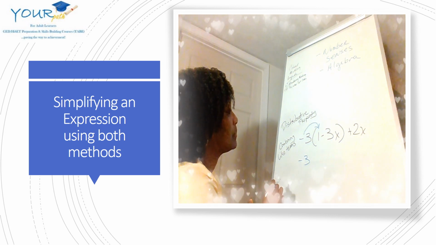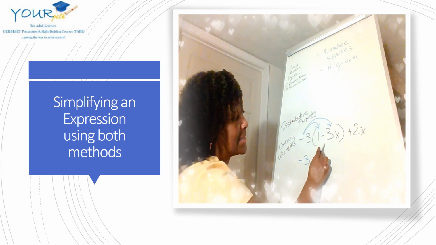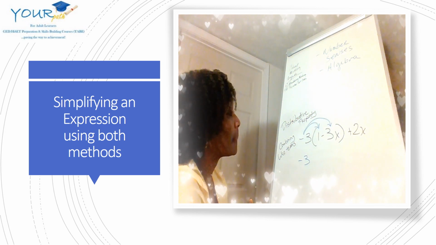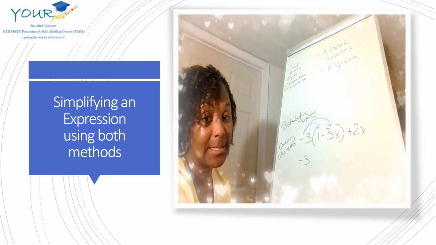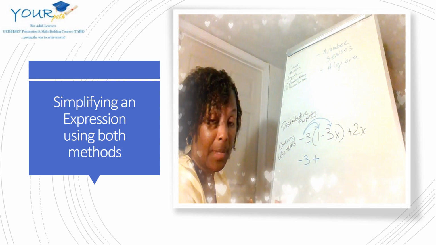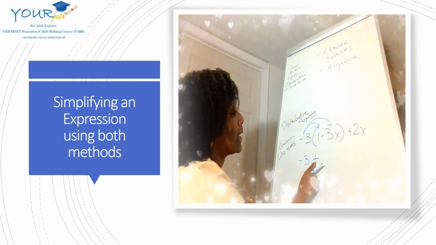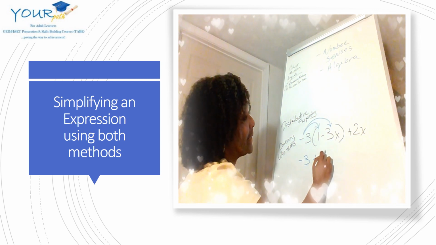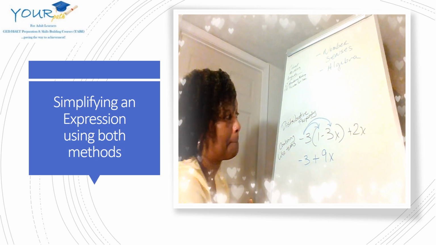Now we're going to multiply a negative 3 times a negative 3x. And here we have two negatives. We have a negative times a negative, which is a positive in terms of our rules for multiplication. It will give us a positive 9x, because 3 times 3 is 9.